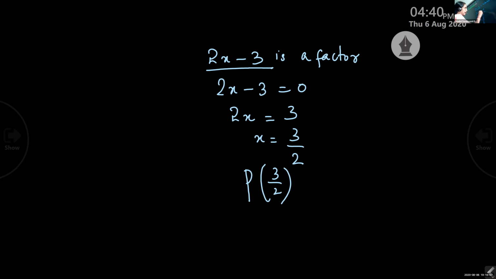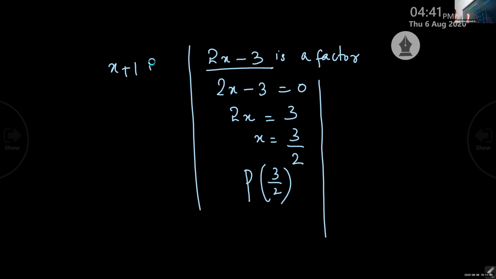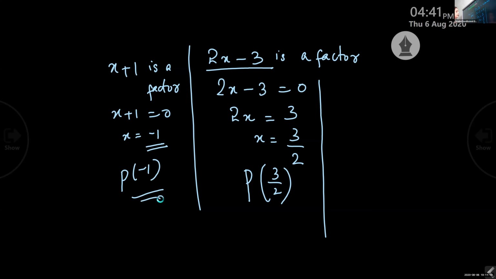We are getting the same number with the opposite sign. If it is given that x plus 1 is a factor, how will you proceed? X plus 1 you equate to 0. So x equal to negative 1. So p of negative 1 we are checking. Did you understand?